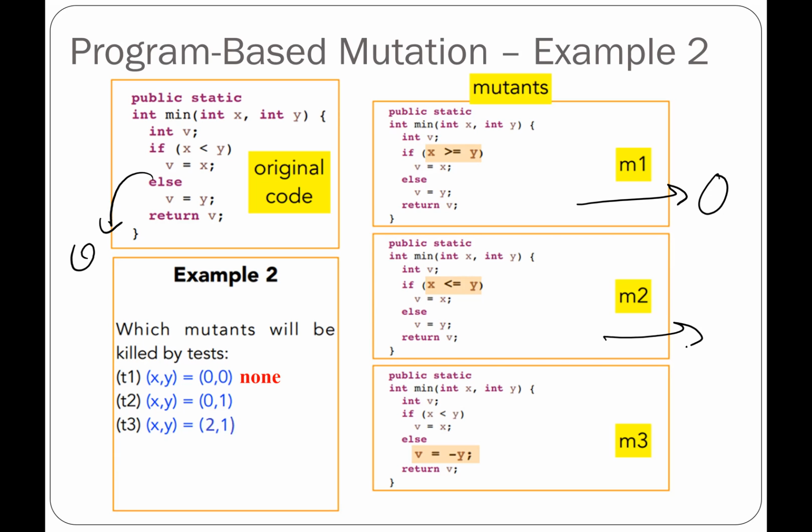It's not that hard. It's a very simple piece of code. Give it x equals 0, y equals 0. What's the output? 0. Okay, what about M3?